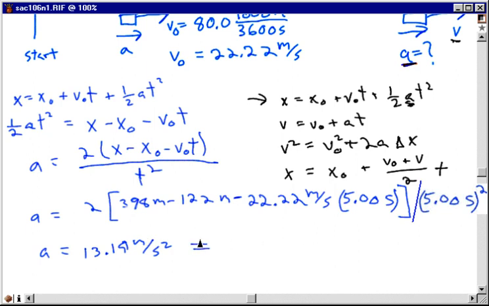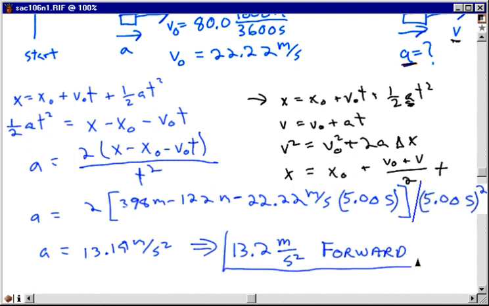Which rounds to 3 sig figs as 13.2 meters per second squared. The fact that it came out positive tells us that it's in the forward direction. So the magnitude is just the exact same value, and had it come out negative, I would have stripped the minus sign and written the word backward. The algebraic sign has given us the direction.